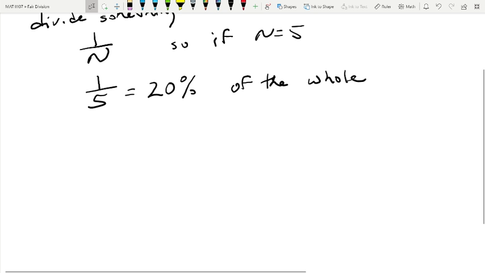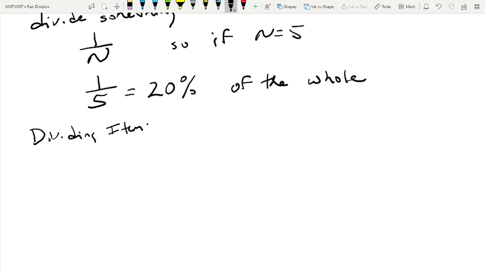All right, so dividing items. There are two types.